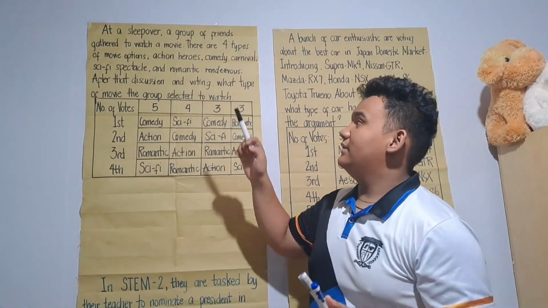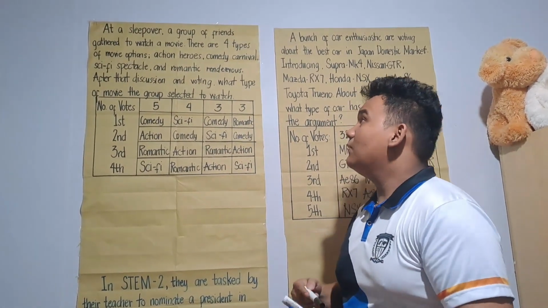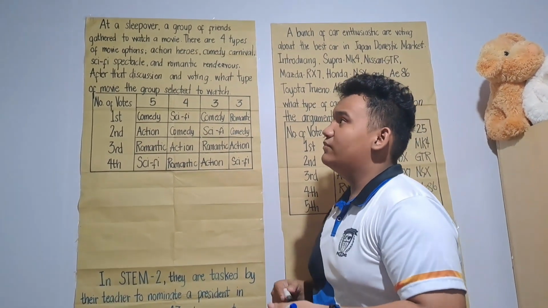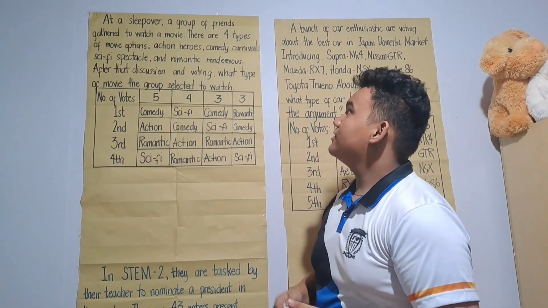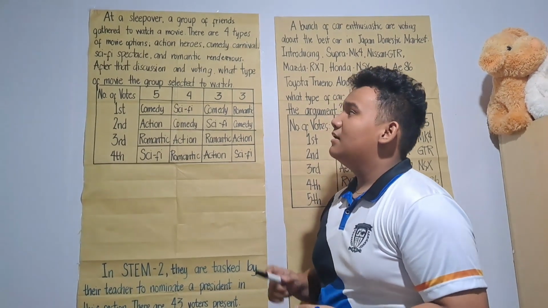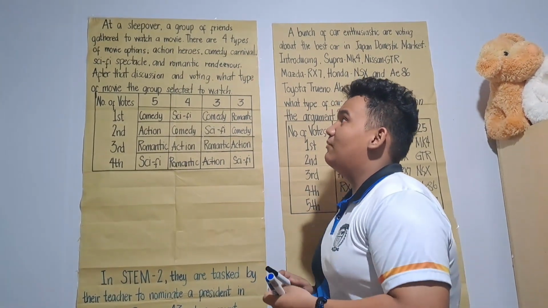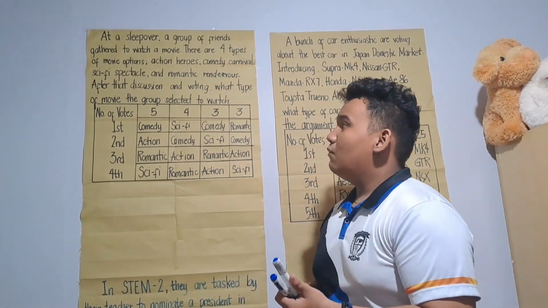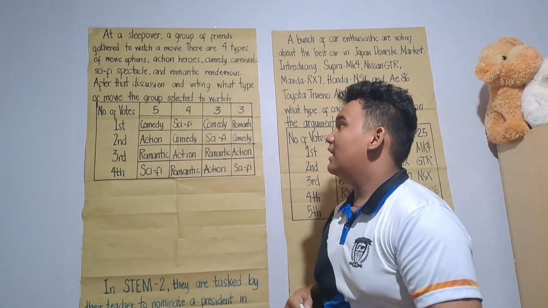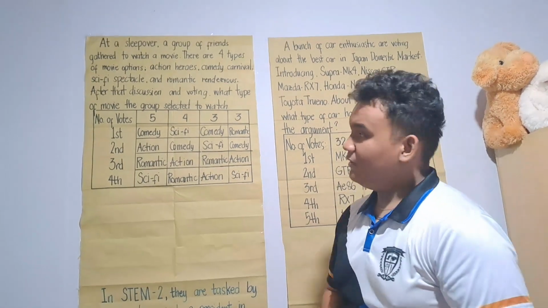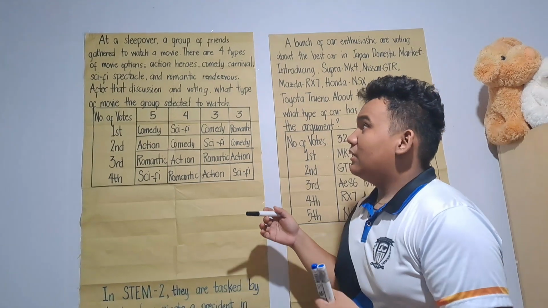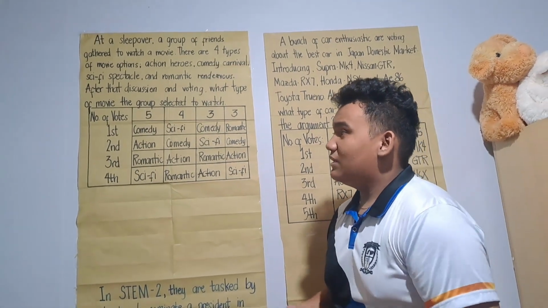So the first one is, at a sleepover, a group of friends gathered to watch a movie. There are 4 types of movie options: action heroes, comedy carnival, sci-fi spectacle, and romantic review. After the discussion and voting, what type of movie the group selected to watch? So we need to find what type of movie the group is watching.